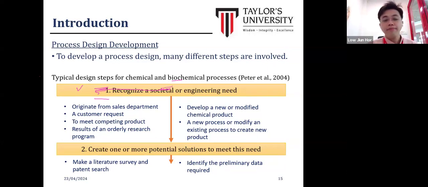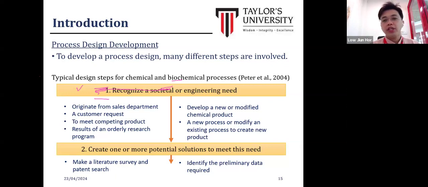And sometimes, if let's say we are a consultant, some of the customer, they can also approach us, since we are a chemical engineer, maybe let's say they want to produce dynamo. They want to produce a plant to produce dynamo, but they don't have the knowledge. So that's why they try to approach you.